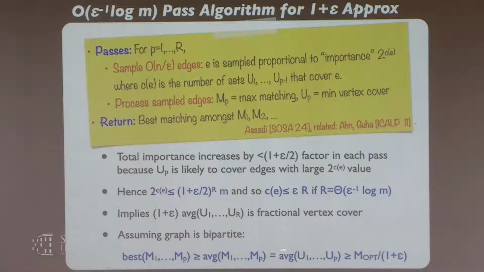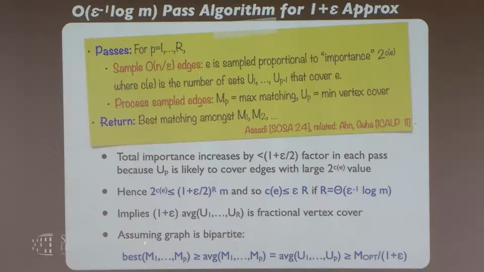And then, by the fact that the average of U1 up to UR was a fractional vertex cover, I can argue by LP duality that the average of the vertex covers is going to be bigger than the size of the best fractional matching, and certainly the best integral matching, up to a factor of 1 plus epsilon.